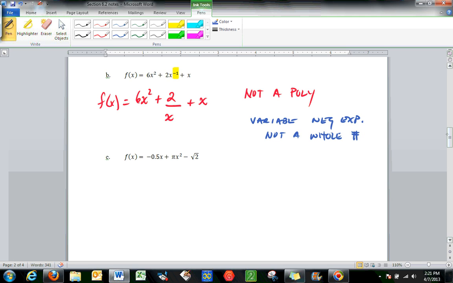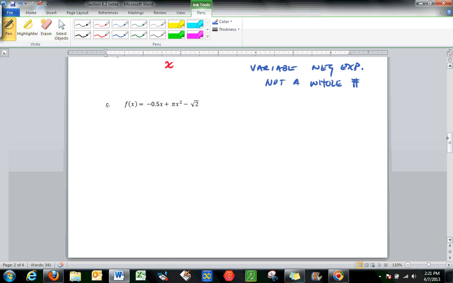Alright, and then we take a look at the third one. Now, interestingly enough, with the third one, we have all kinds of symbols and a square root sign and various things like that. So this one out of all of them would look like it should not be a polynomial function, but it actually is. If we look at all of the parts, the variables are all whole numbers. We have constant terms. So we can rewrite this in standard form with the highest degree exponent, which is squared.